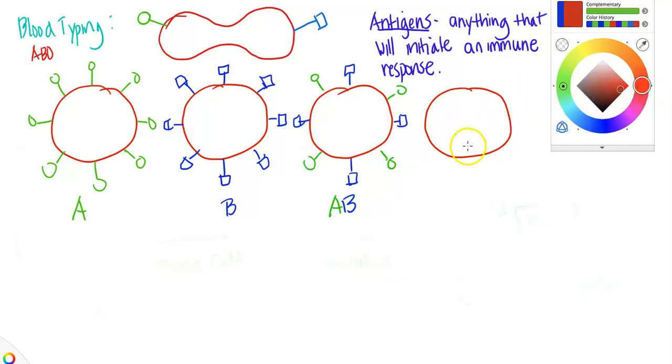This red blood cell doesn't have any antigens on it, so this one is going to be O. Okay, so we have A, B, AB, and O. Easy enough.